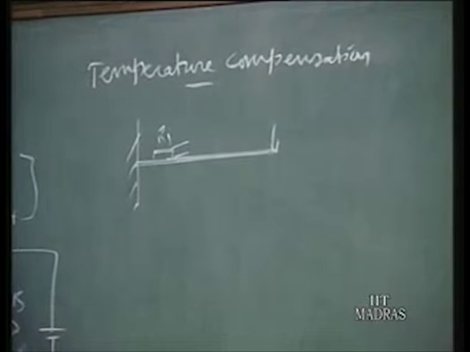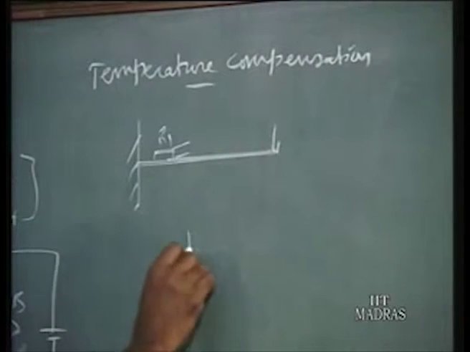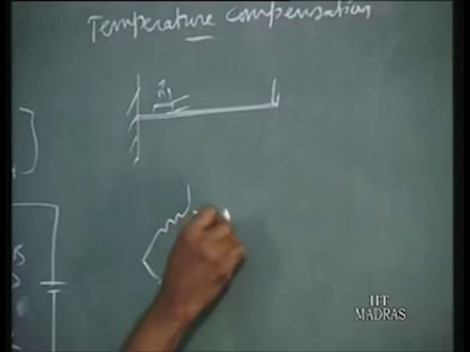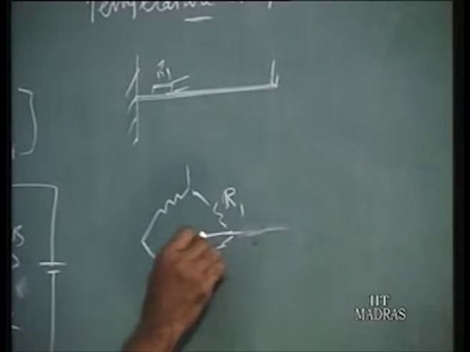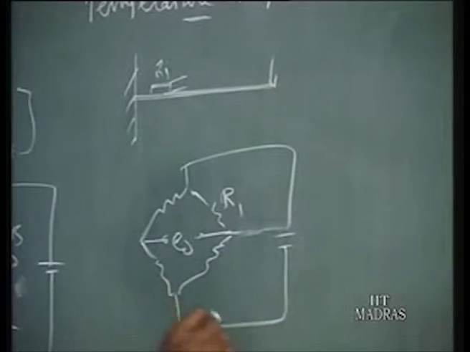Now when temperature compensation is required, that we have to see. Suppose the R1 we have connected in the bridge network. This is the output voltage, and this is the excitation voltage.